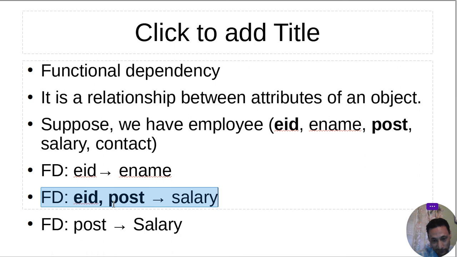That is the partial dependency. And normalization says partial dependency should not exist within the database table. If there is a partial dependency within the database table, there will be different kinds of anomalies, basically update anomalies. So we have to remove this partial dependency. This is about partial dependency.